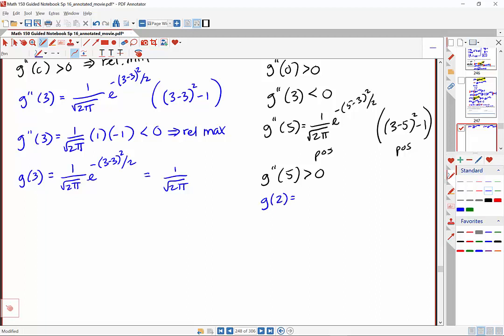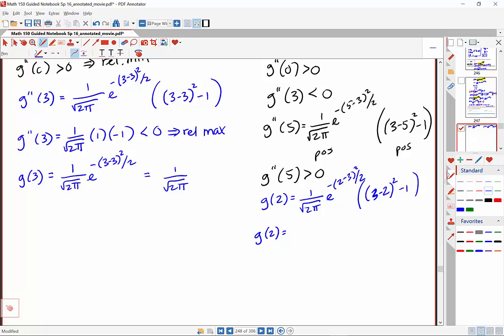So that's 1 over root 2 pi times e raised to the negative (2 minus 3) squared, and then times (3 minus 2) quantity squared, minus 1. So G at 2 will be, this is all over 2.